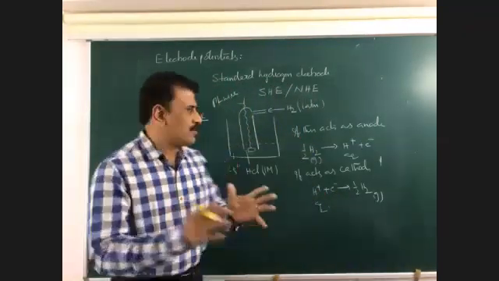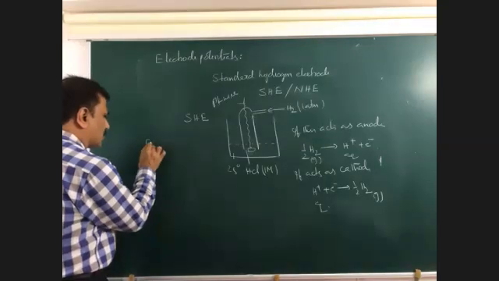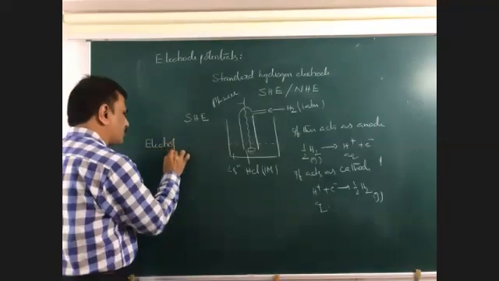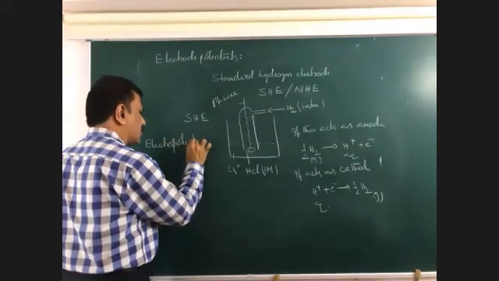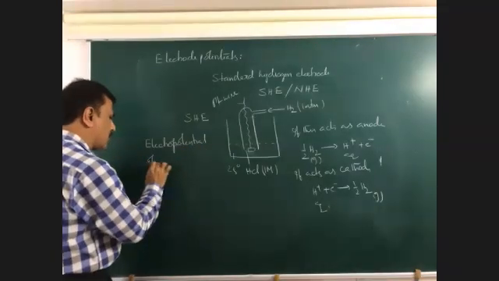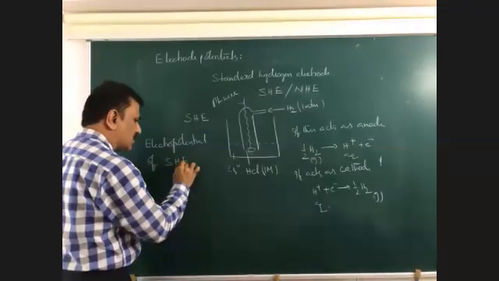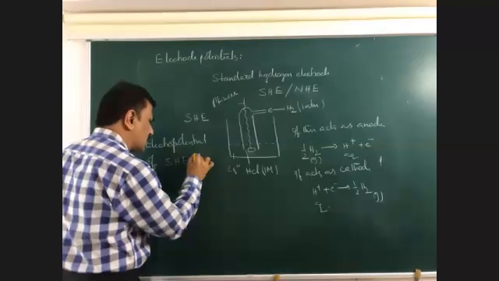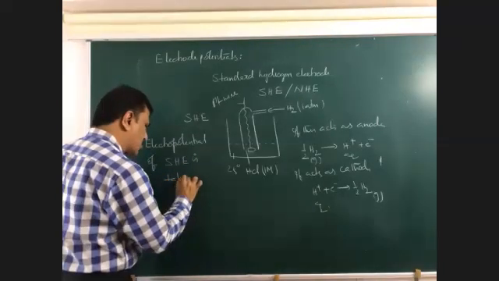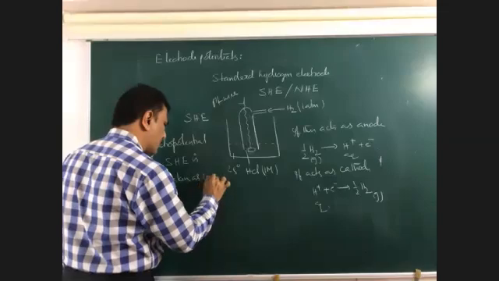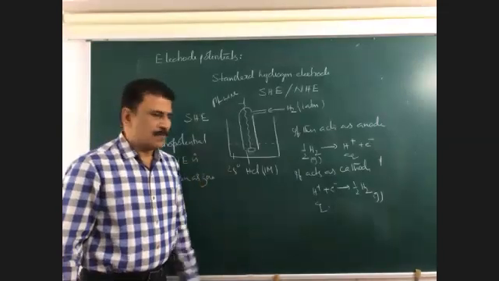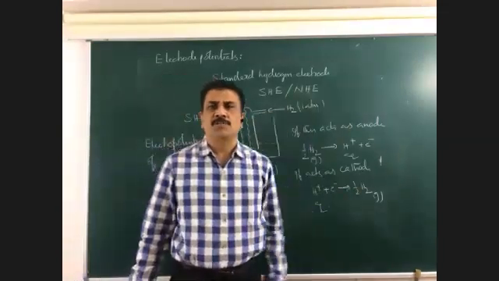The electrode potential of the standard hydrogen electrode is taken as 0. Based on this, the remaining electrode potentials can be measured.